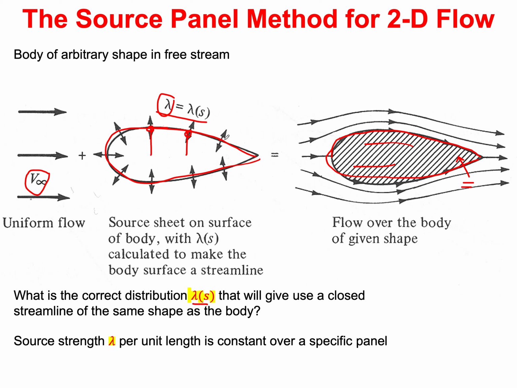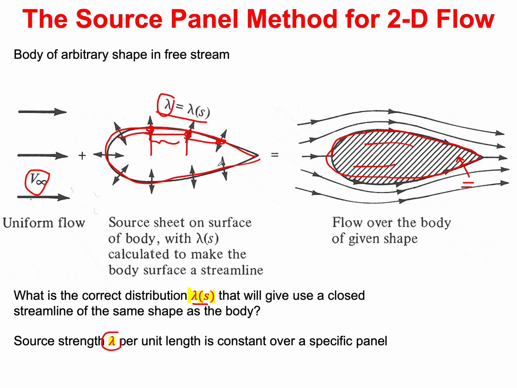So I've taken my surface, which I start with, and I break it into panels: panel A, panel B, panel C. Over a single panel, the lambda is constant, but between panel 1 and panel 2 and panel 3, the lambda, the strength of the source, can vary.